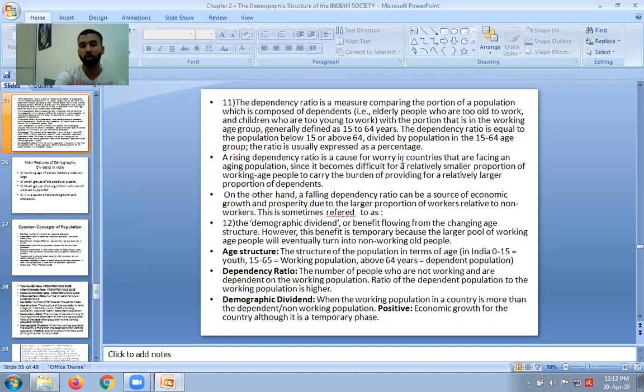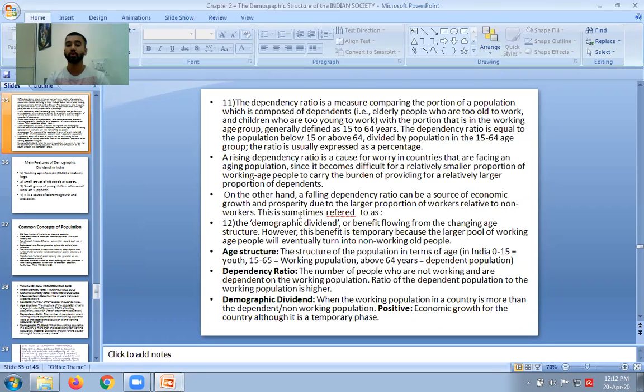But when I talk about the falling dependency ratio, then it's a very good condition. It's an ideal condition for any country. Just like India is going through falling dependency ratio, we have more working population. On the other hand, a falling dependency ratio can be a source of economic growth and prosperity. Look, when there are more working people in the country, they are more likely to collect more and more money.